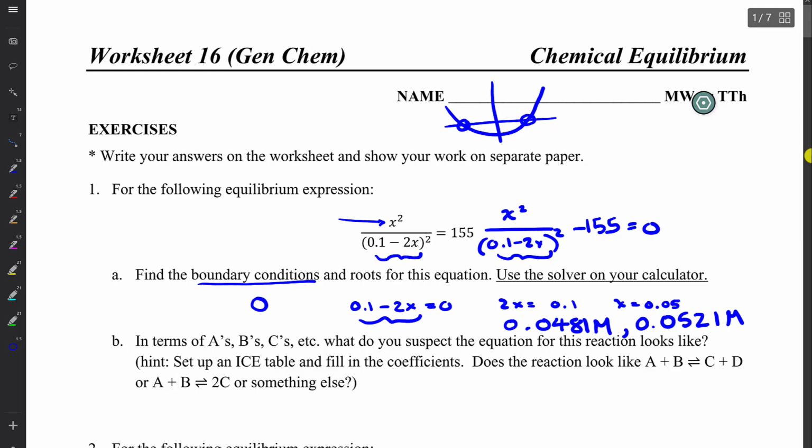Now, the reason why this root of this equation is not valid is because if I take 0.1 and subtract 2 times 0.0521, this value is negative. This is clearly going to be bigger than 0.1. It's like 0.0041 negative.